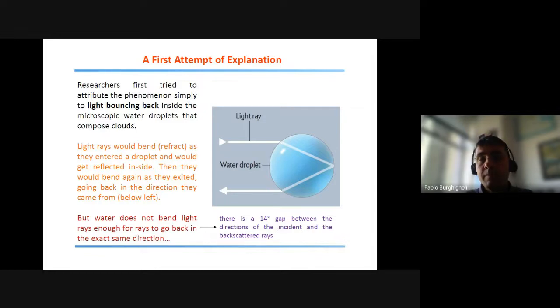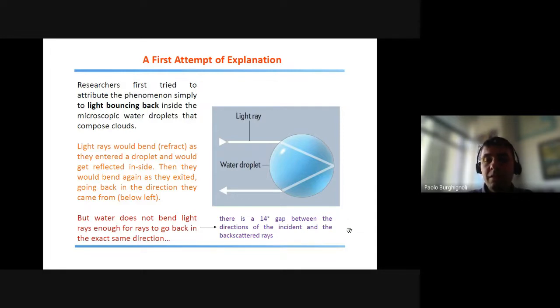Now, unfortunately, due to the value of the refractive index of water, you may verify that it is actually not possible to find a single incident ray that produces what is described in this figure, because there will be no ray that is scattered back in exactly the same incident direction. In particular, there will be a minimum gap of 14 degrees between the direction of the incident ray and that of the backscattered rays.